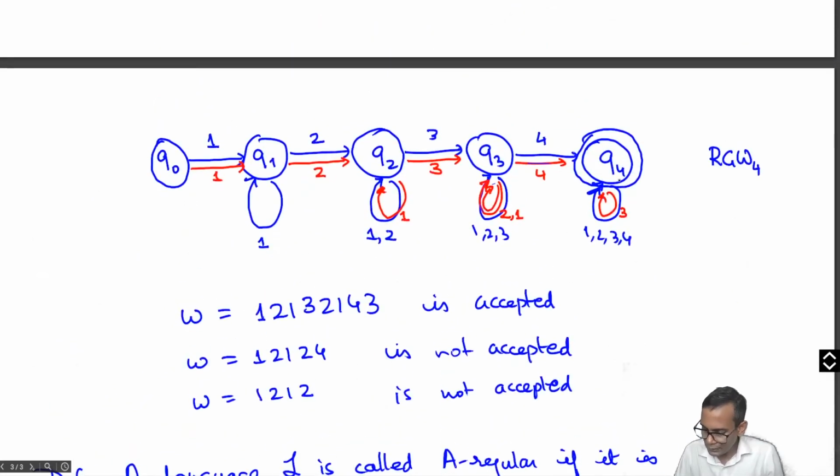And that is precisely what this finite state automaton checks.